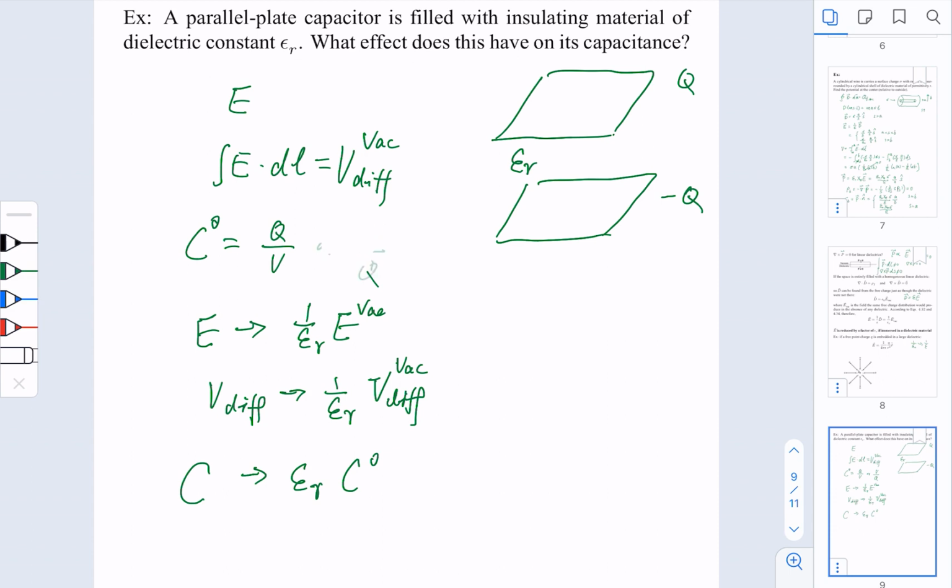The capacitance is defined as Q over V. So in this example, you see that stuffing some materials inside a capacitor simply increases its capacitance.